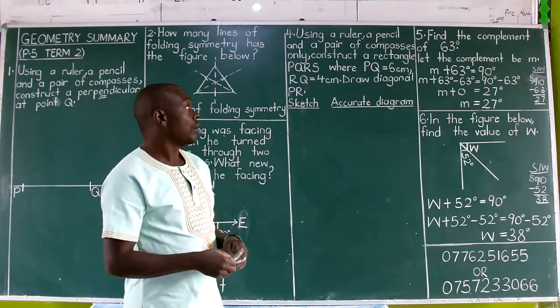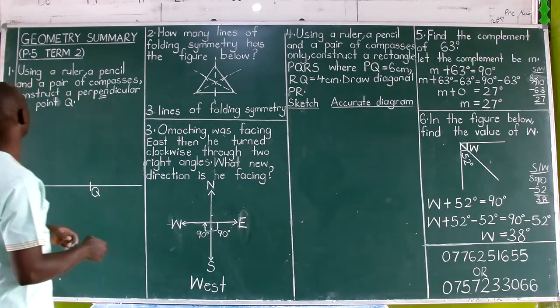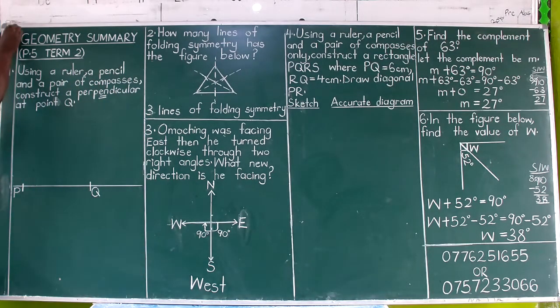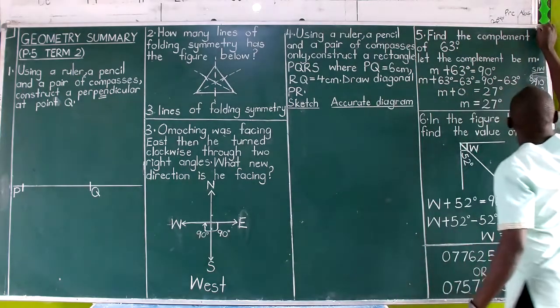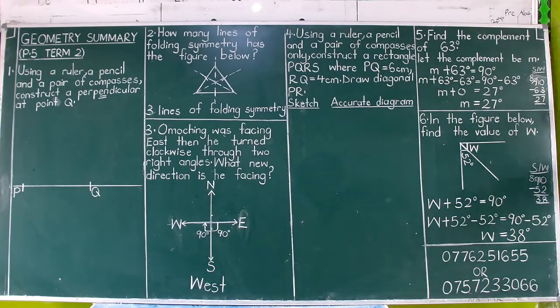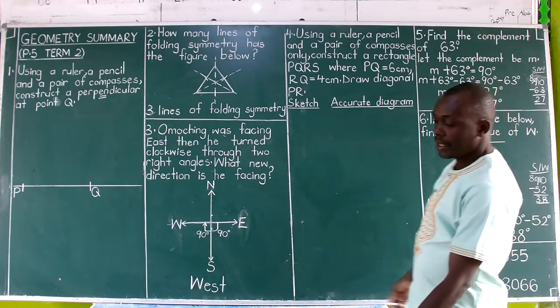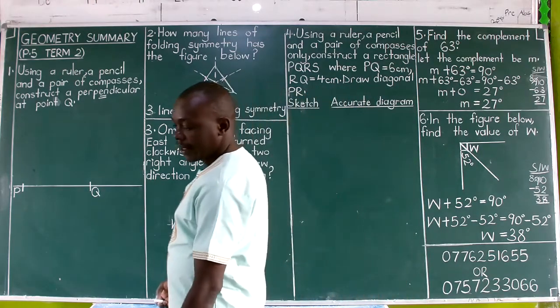Whenever you find something bent in this style, like here you see, this is a right angle. Here it is also a right angle. Wherever you see that corner, you just know it's a right angle. This is also a right angle. Those are right angles, equivalent to 90 degrees.